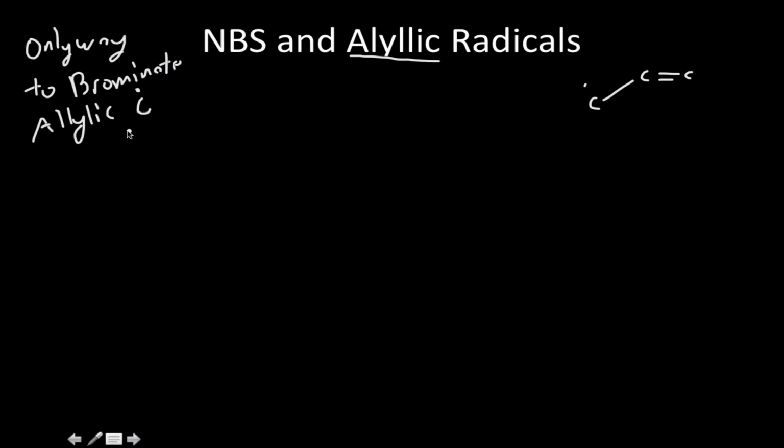I'm just going to say allylic carbon radicals. Unfortunately, this is a very slow reaction, because obviously if you take an alkene and expose it to just Br2, you're going to get a vicinal dihalide. But N-bromosuccinimide is going to slowly but surely decompose.